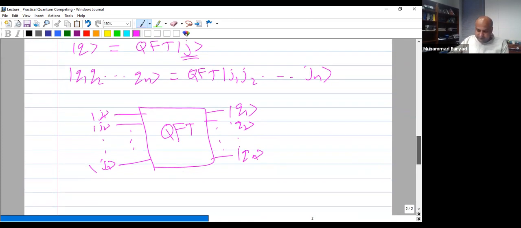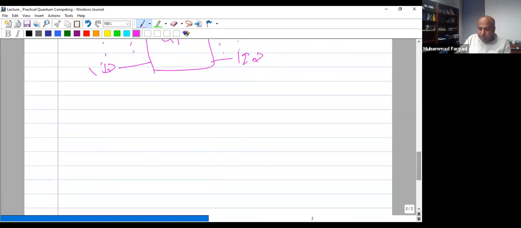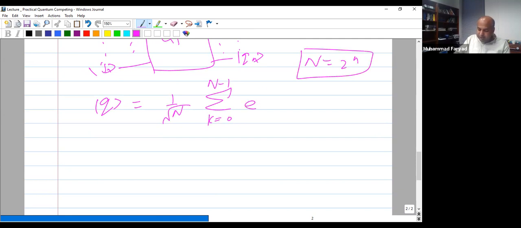Okay, and the transformation of a particular j to q is given by this. So q is 1 over square root of N, sum from k equal to 0 to N minus 1, where N is 2 power n, exponential 2 pi iota jk divided by N, k. So this is the function that we want at the output.